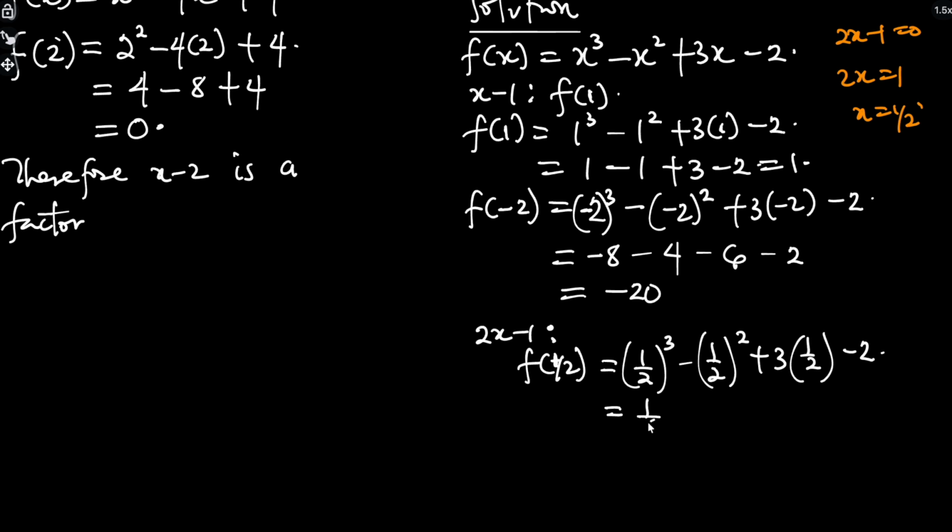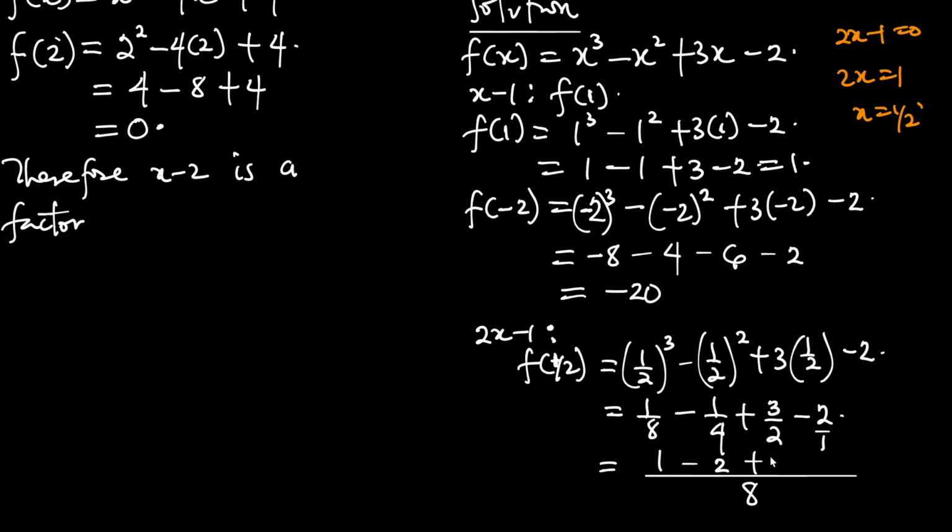This is equal to 1 over 8 minus 1 over 4 plus 3 over 2 minus 2. I'm just going to do it the whole way to find the LCM, and then I have this as 8. So it's going to be 1 minus 2 plus 12 minus 16. 1 minus 2 is negative 1.